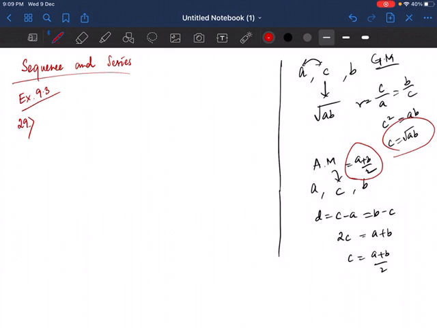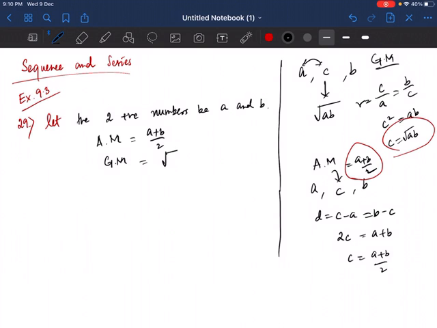Now first, let us assume those two numbers as small a and small b. So let the two positive numbers be a and b. If they are a and b, the value of arithmetic mean of a and b is a plus b by 2, and the value of geometric mean is root over ab.